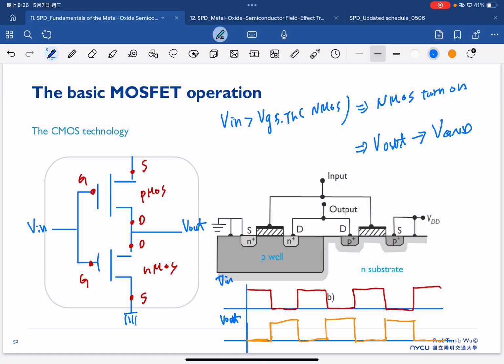So that's why we get the inverter function, because we can consider the high V in as a 1, and our output approaches the ground, which would be considered as a 0. So then we have a 1, 0.